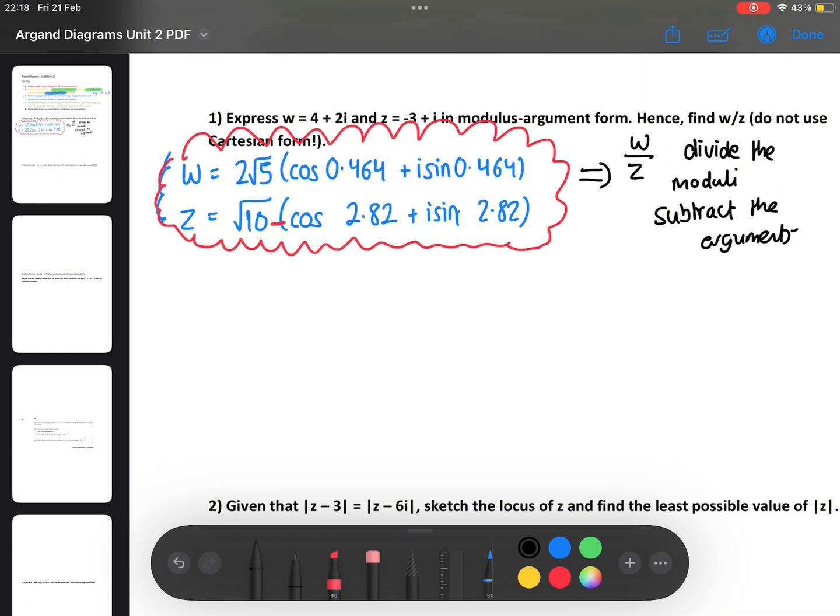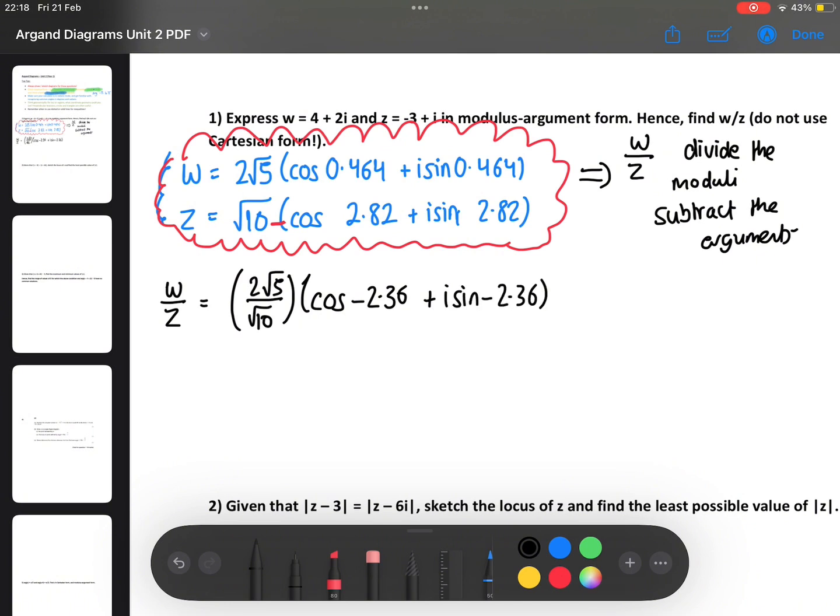So w over z is going to be whatever 2 root 5 over root 10 is, and we'll evaluate that in a second. And then we'll have 0.464 minus 2.82, which gives us minus 2.36 plus i sine minus 2.36.